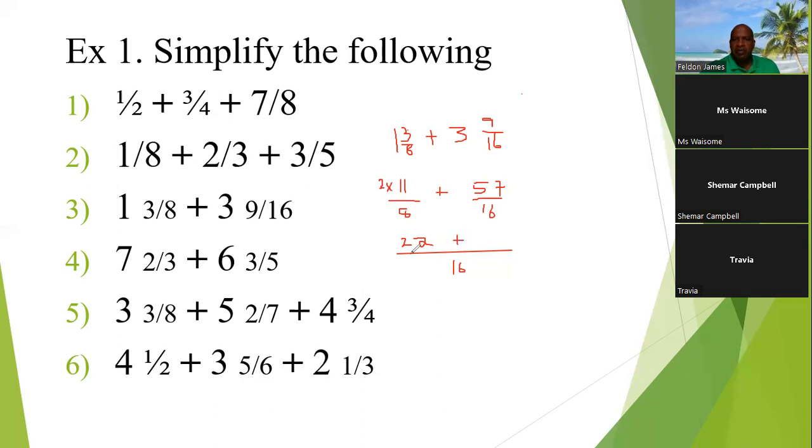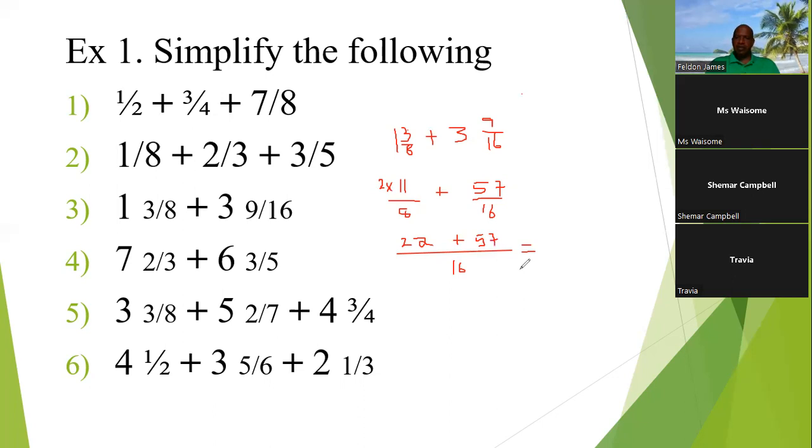But in reality, if we never had 1 bar, we would have to have 22 over 16 plus 57 over 16. So we just use the 1 bar because we don't want to be repeating the 16 in all the fractions. Is that clear? Following? Oh, yes, sir.